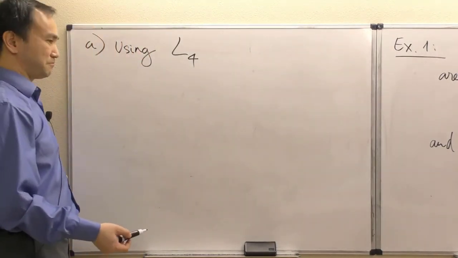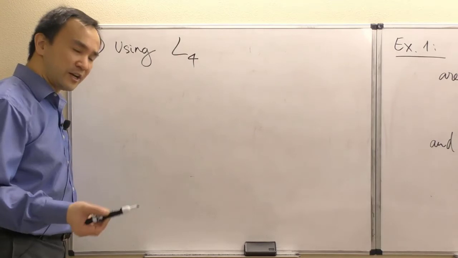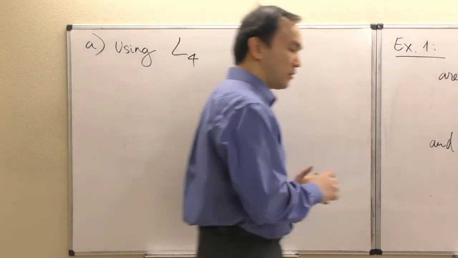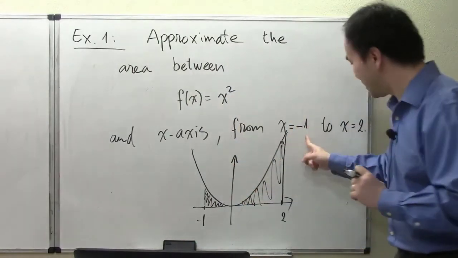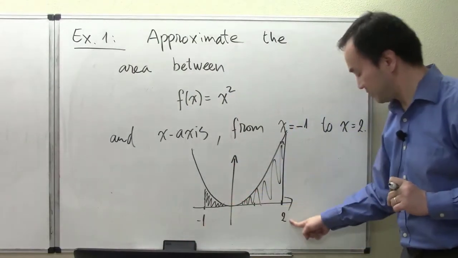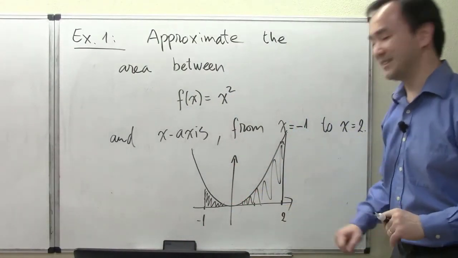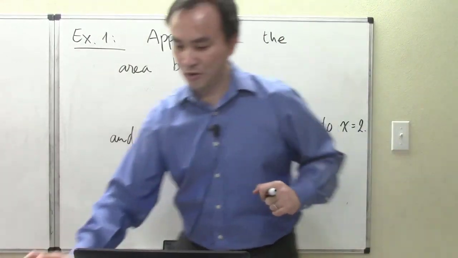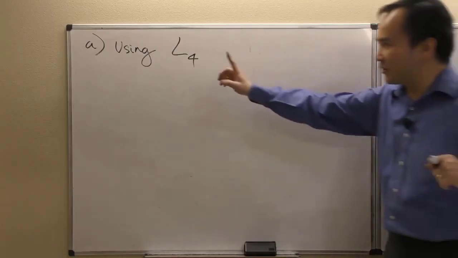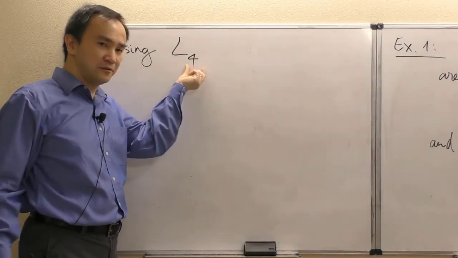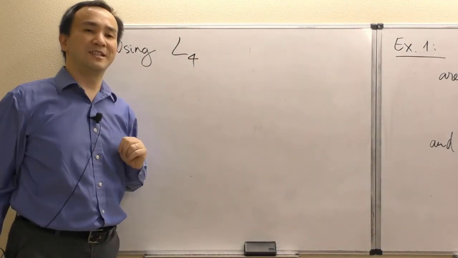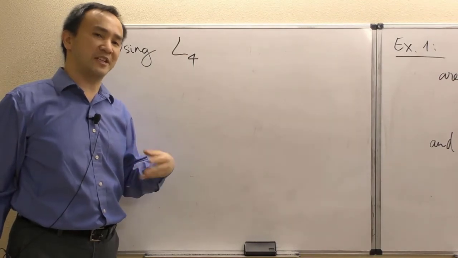As a starting step, again, the interval starts at -1 and ends at 2. Then the symbol says using L4, the left Riemann sum using 4 subintervals, or eventually 4 subrectangles.